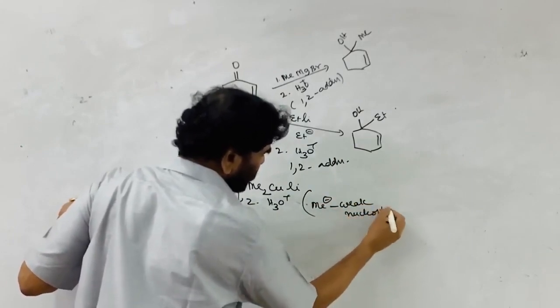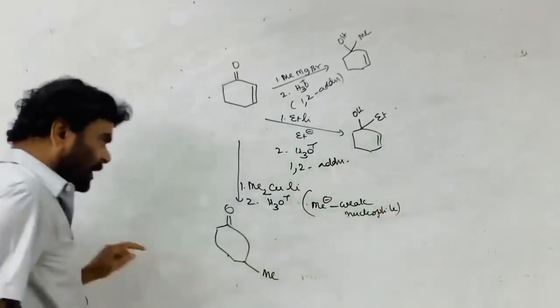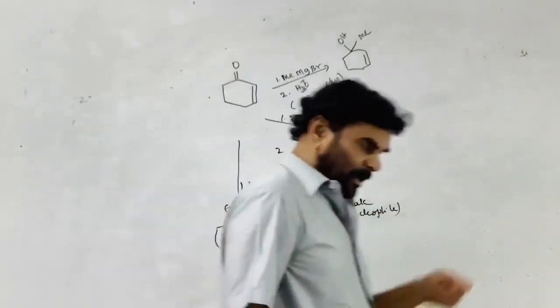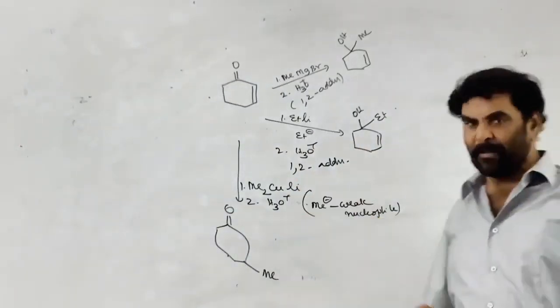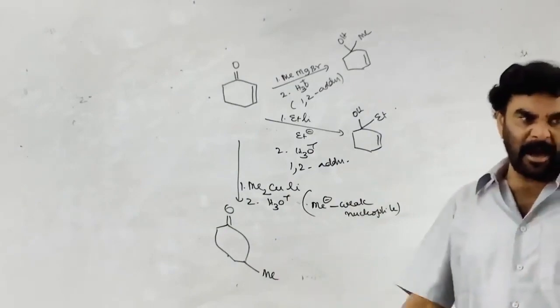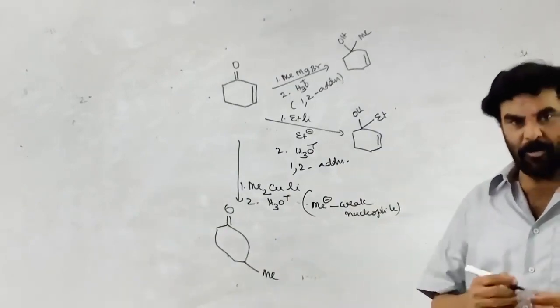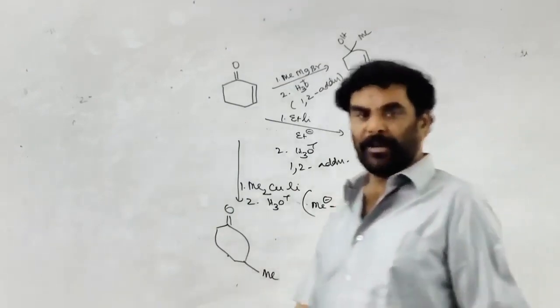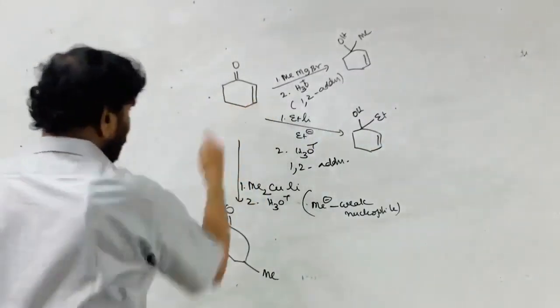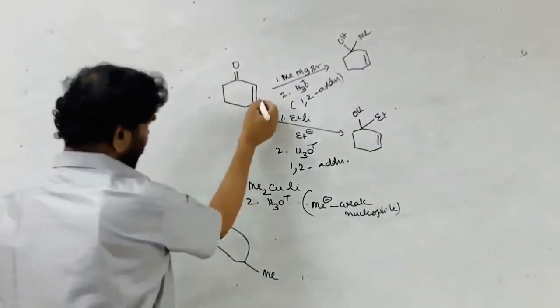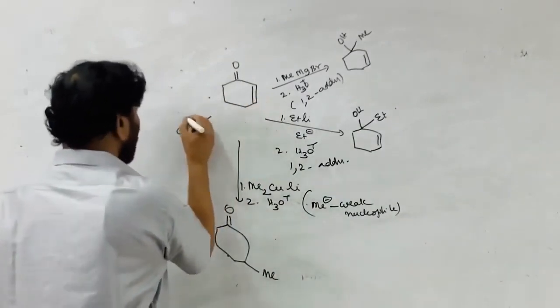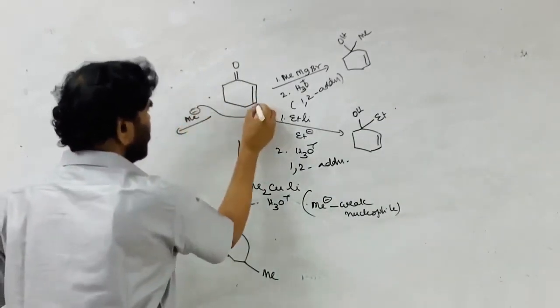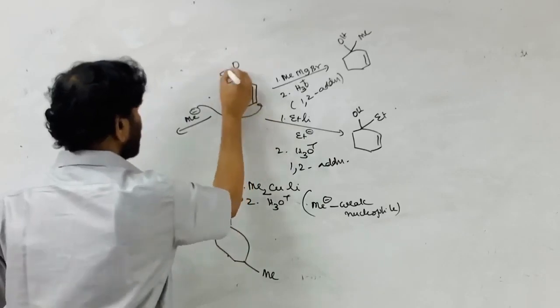On what basis do you say weak nucleophile? Methyl is connected to copper, and the carbon and copper bond is more covalent. The amount of the negative charge is less, therefore it is a weak nucleophile. So if it is a weak nucleophile, it comes here, methyl minus is attacking here, and this is moving and this is moving.